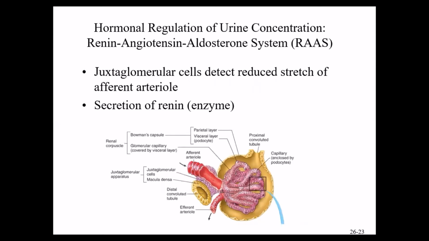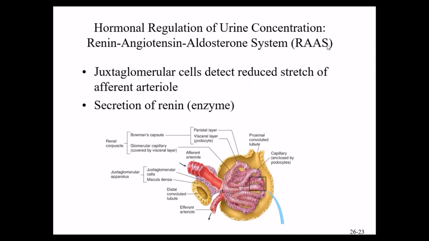Now, another way that GFR can be regulated is through hormones. It still does involve the juxtaglomerular cells, so this is still here. Let me give you a scenario where hormones would try to help balance out your GFR. This is through a system called the renin angiotensin aldosterone system or pathway.